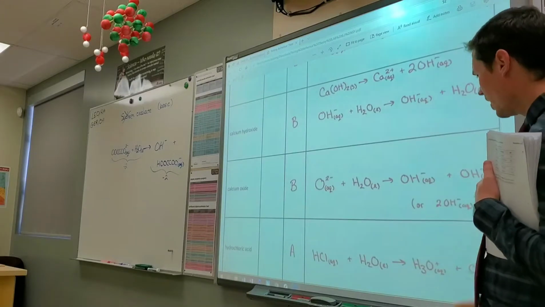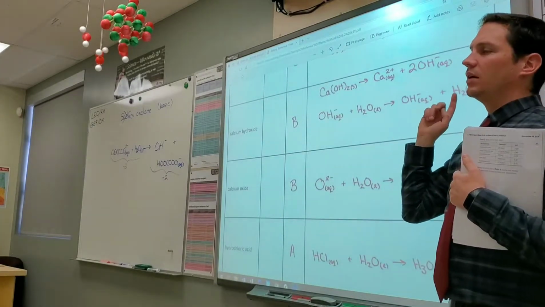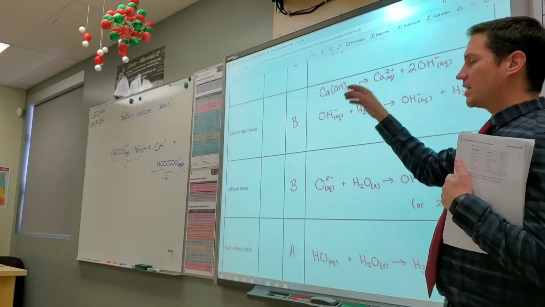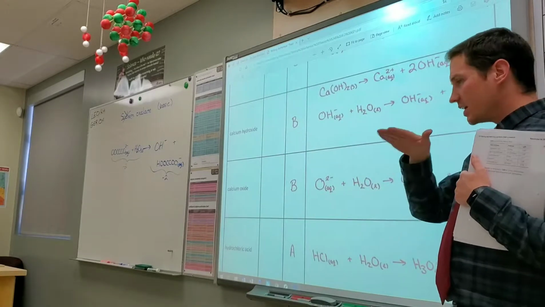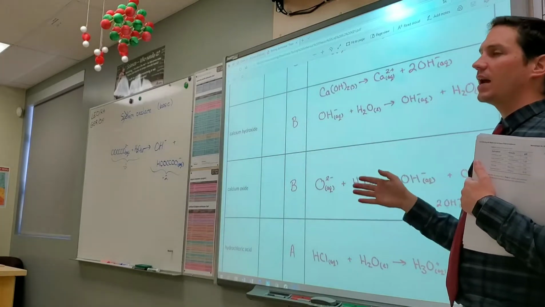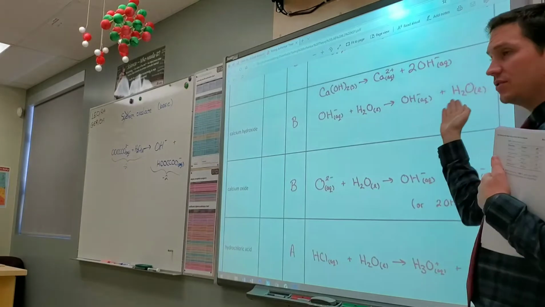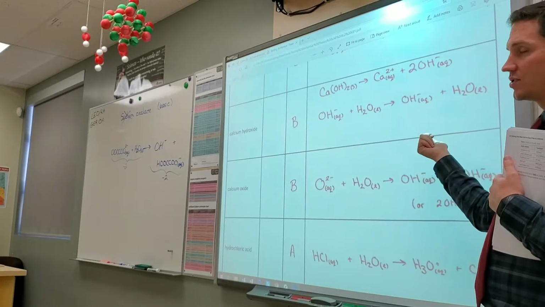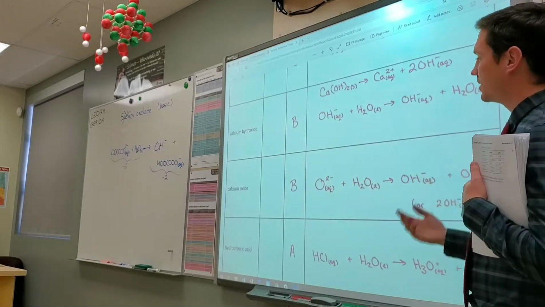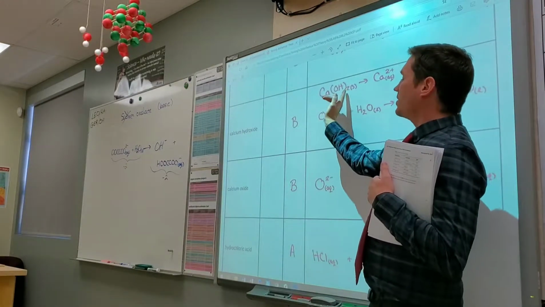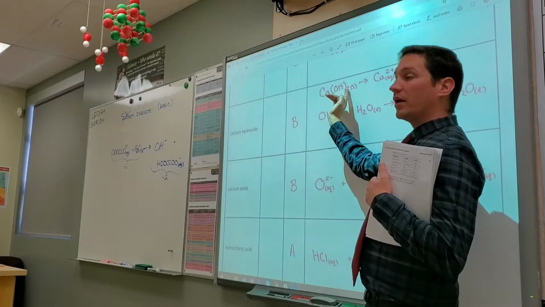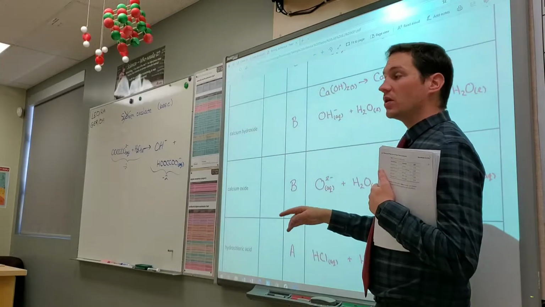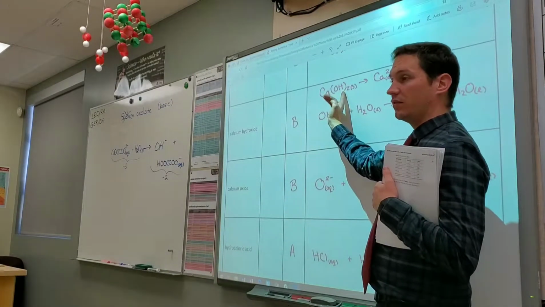Okay, this one's interesting. Calcium hydroxide, I wrote two equations down because I didn't know which ones you were going to write down. We didn't actually talk about it, and I will never ask you to do the modified Arrhenius equation for what we call a strong base because it just doesn't really make sense. Calcium hydroxide, when we put it into water, doesn't matter if it totally dissolves, does some of it dissolve?